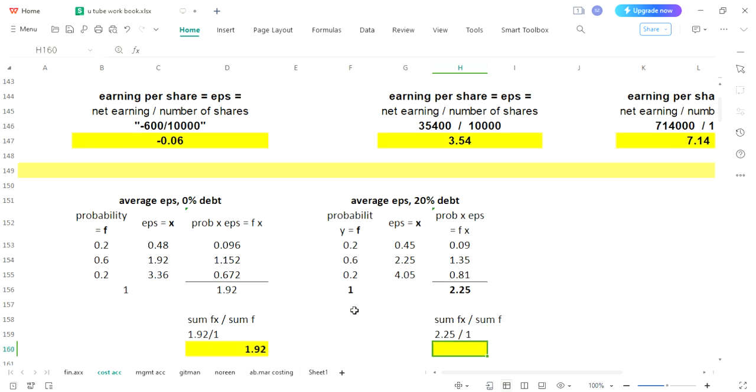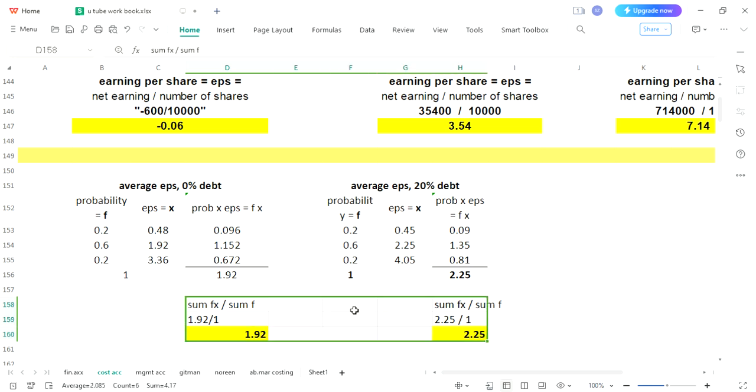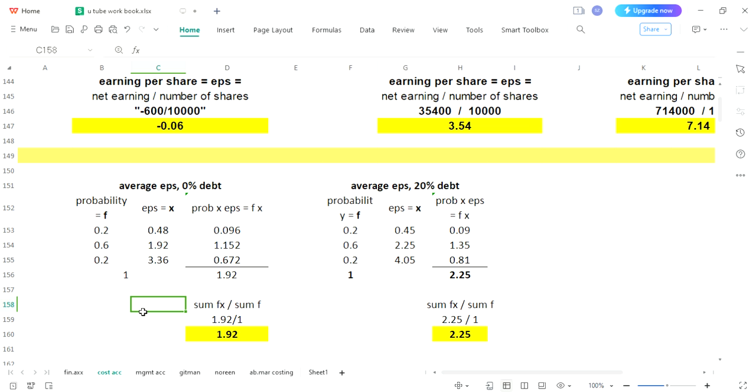So it means 2.25 would be considered your mean. So it means we have completed the second average as well. Two averages are calculated. How many averages do we need to calculate? Hopefully someone will give the accurate answer, 4, because 0% debt, 20% debt, 40% debt and 60% debt.